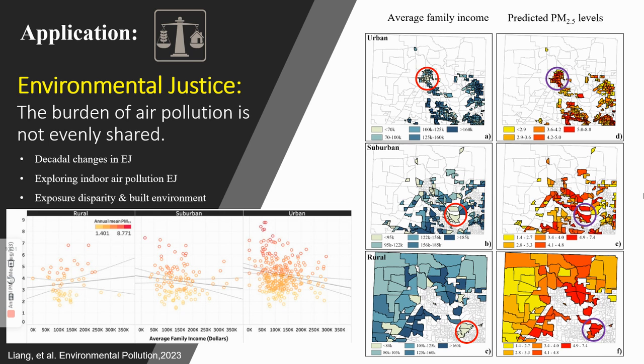But based on this data pipeline structure, we are able to generate longer-term records of the PM maps, including those that represent extreme events like dust storms. There are also other attempts to link outdoor map predictions to indoor air pollution.